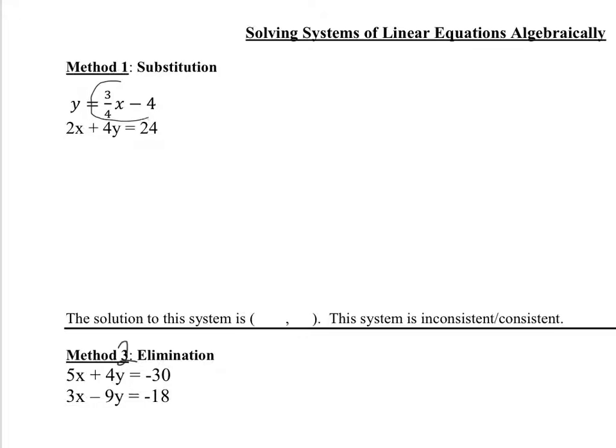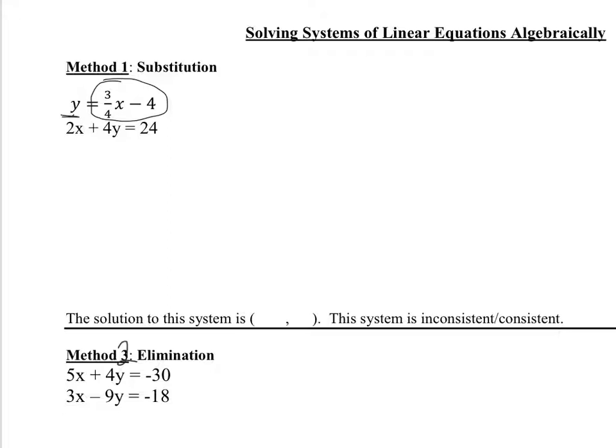What we do first is we solve. So right here it says y equals. So when we have one of the variables equal to the other, and a bunch of numbers, we already know what it's equal to. If I knew that was, say, y equals 4, I would take the 4, plug it in, and I would get an answer for x.